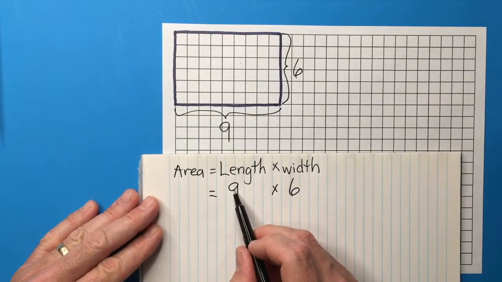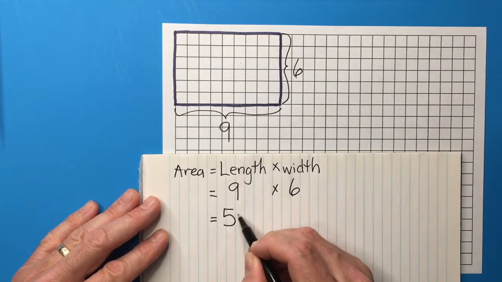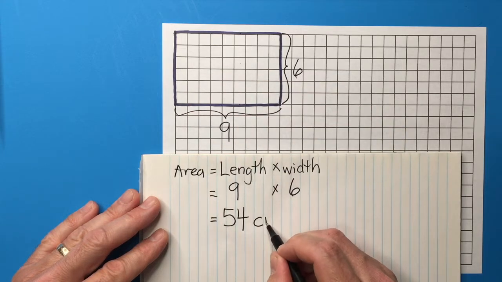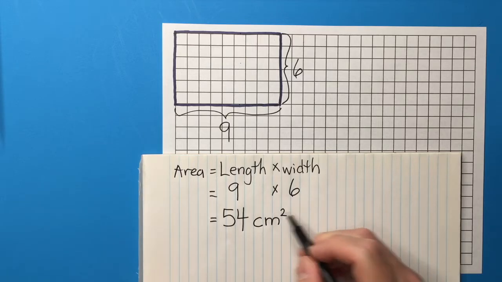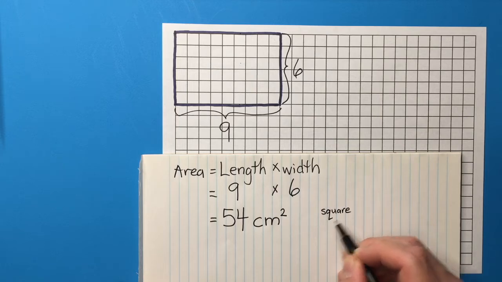So now if we multiply the 9 times 6, we end up with a total of 54 squares in the rectangle, 54 square centimeters.